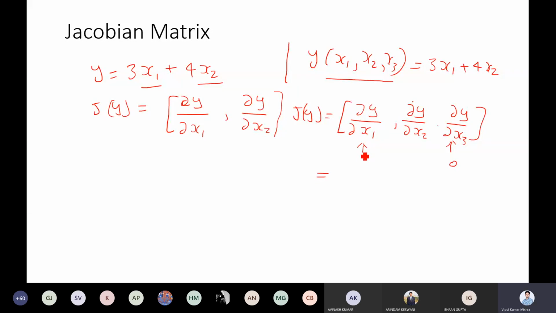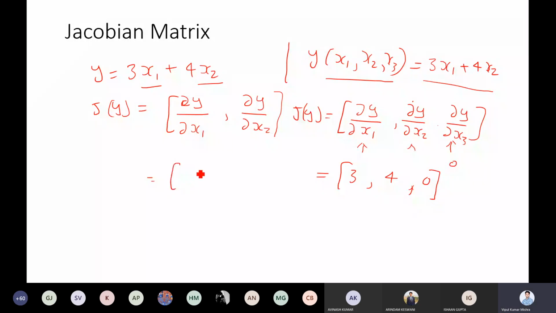If you compute the partial derivative with respect to x1, it will be 3, with respect to x2, it will be 4, and with respect to x3, because x3 is not there, it will become 0.